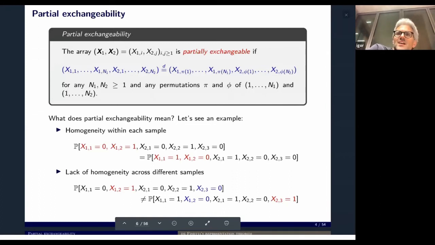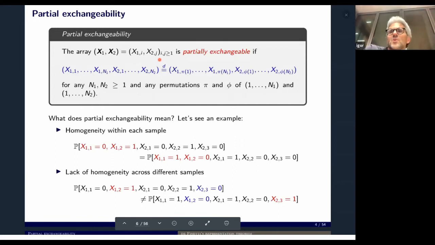Okay, so an array will be partially exchangeable, and always we will take infinite arrays. Even if you have a finite one, you can just think of it as letting it go to infinity. It doesn't need to be infinite, just in principle you should allow for that.